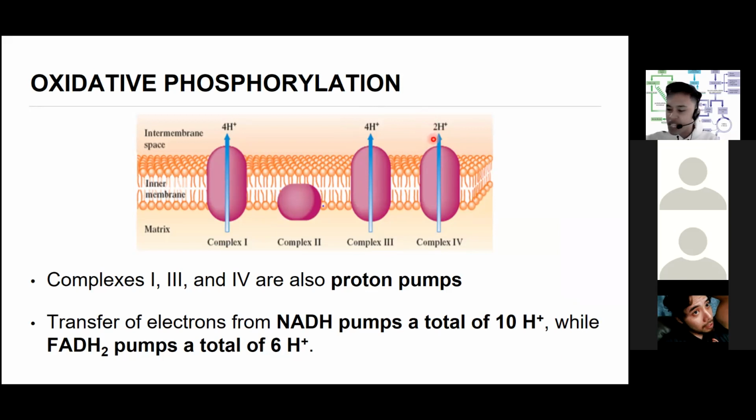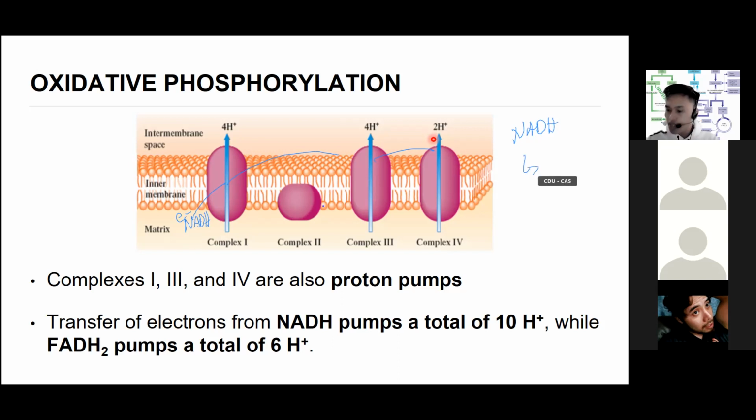So if this is the entry, where will NADH enter? NADH enters at complex 1. So in the end, how many hydrogen ions can NADH pump?